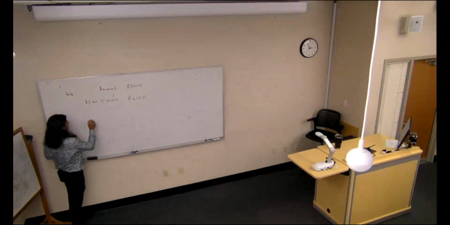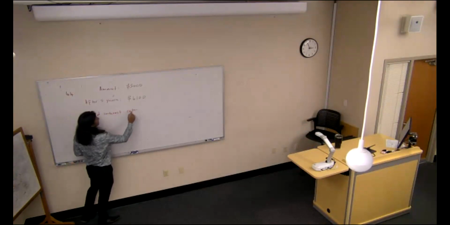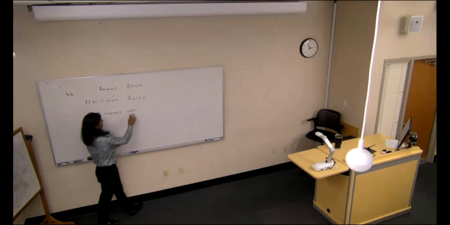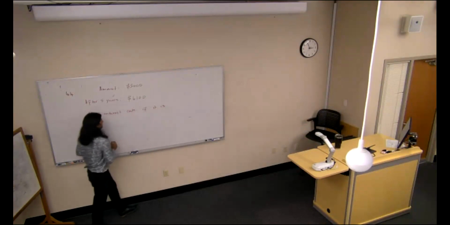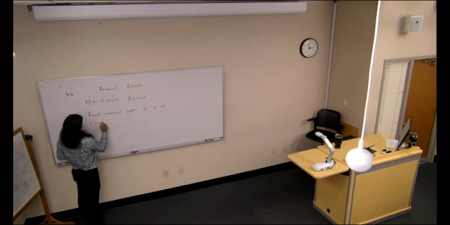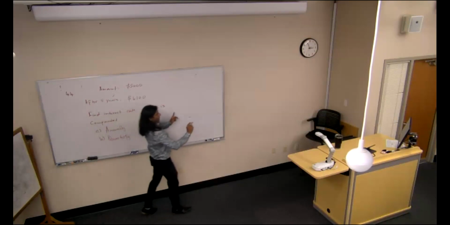That's what we need to find. We find the interest rate. The two options they've given us for conditions, if it is compounded: A, annually, and the next one was quarterly. Part 0.